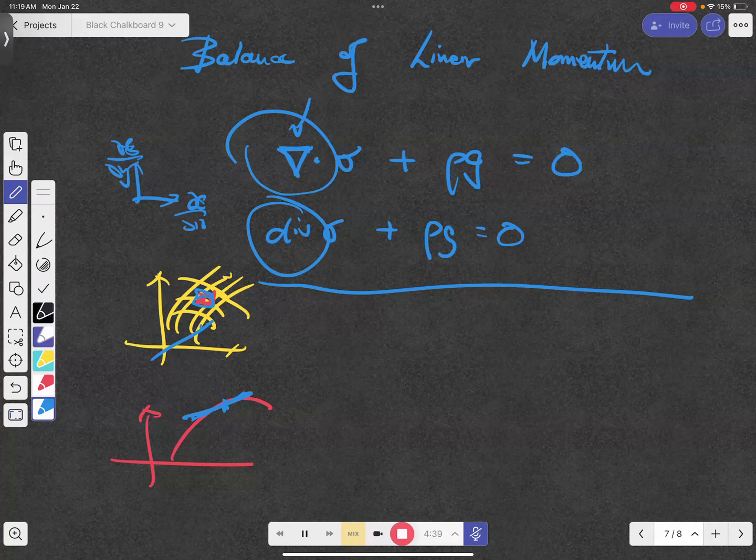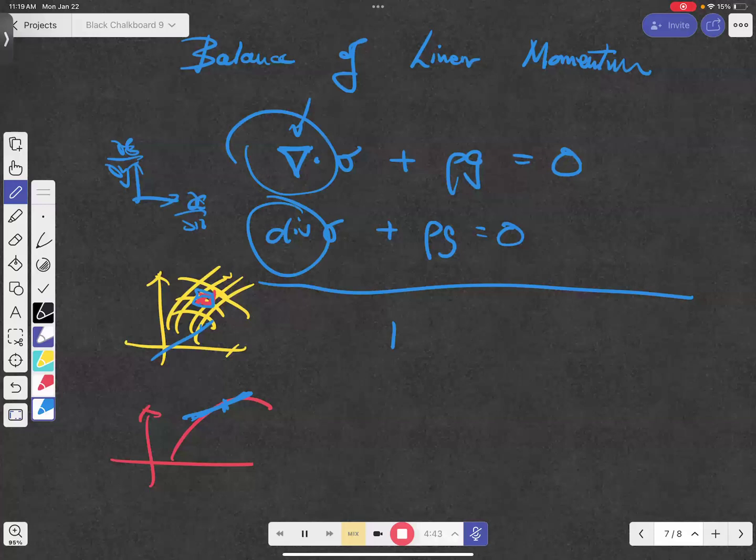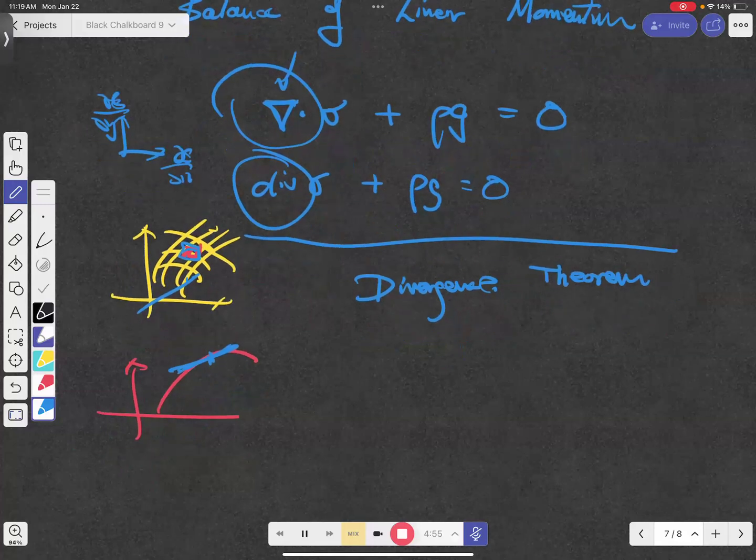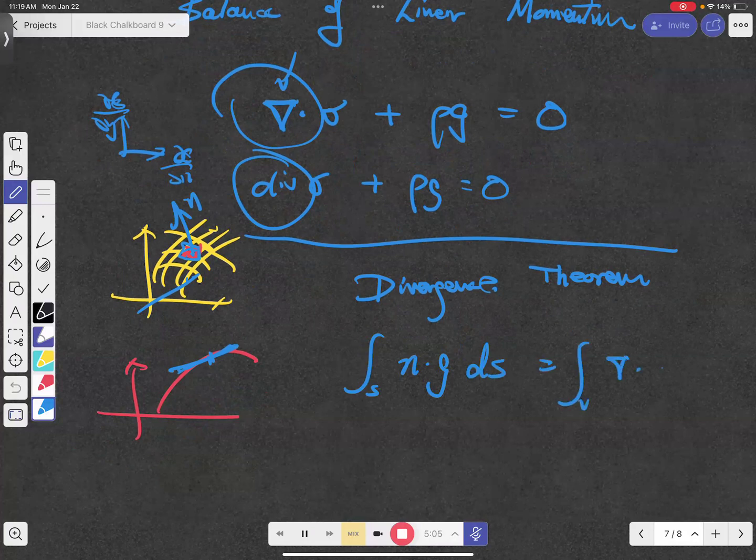By the way, does anyone remember what the divergence theorem is? Yeah, that's really good. The divergence theorem says that if I have a function and I take the normal vector n, that would be equal to the divergence of the same function over the volume.